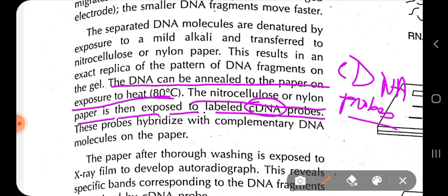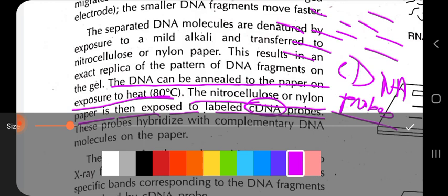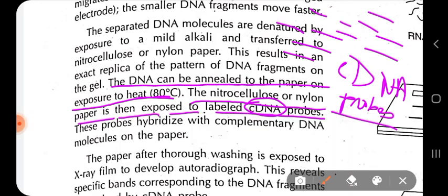Normally DNA probes are stretches of single-stranded DNA which are used to detect the presence of a complementary nucleic acid sequence, that is our target sequence, by hybridization technique. So if you have a mixture of DNA present on the nitrocellulose filter paper, your probe will hybridize with that region only, and the probe also contains a radioactive isotope or epitope or fluorophore or biotin tag.